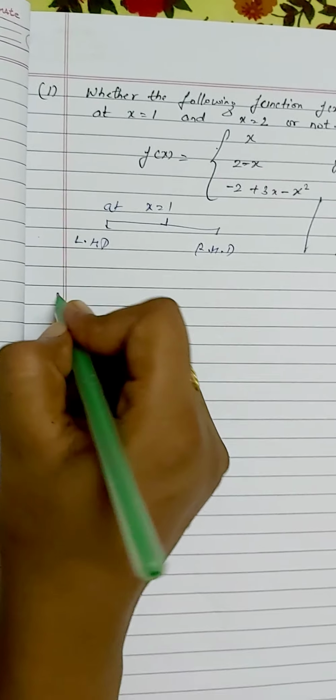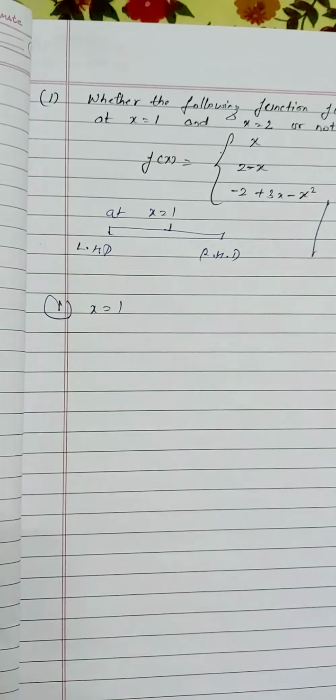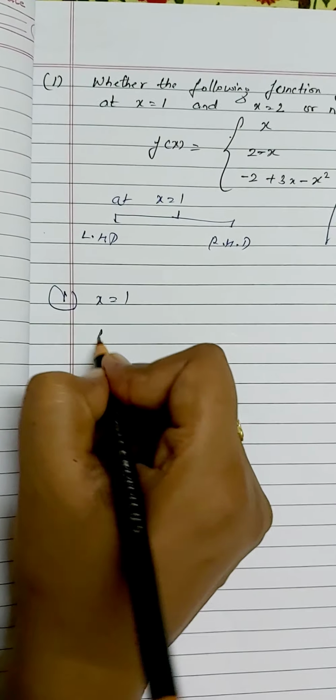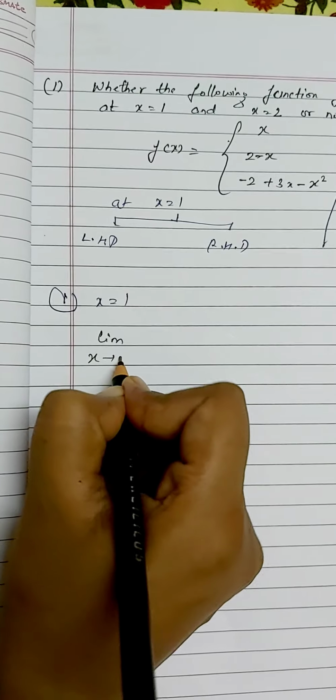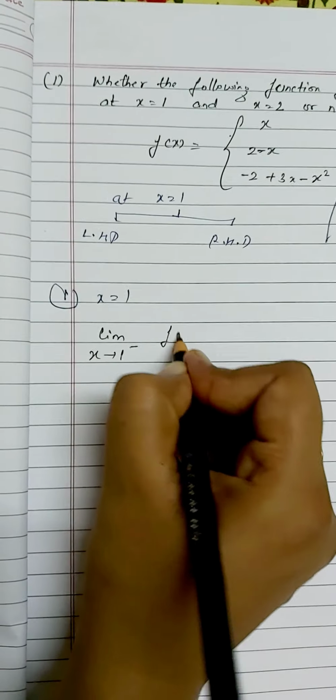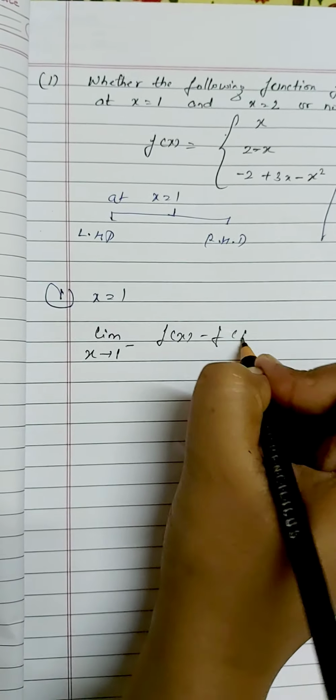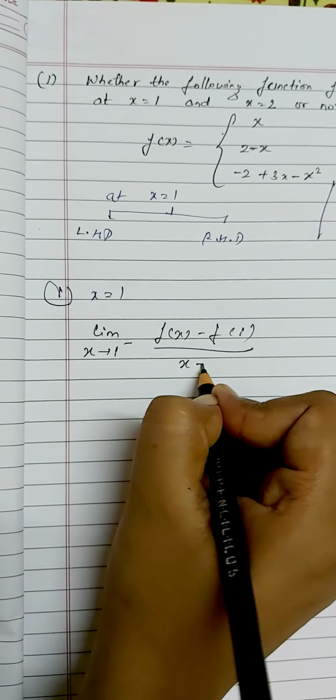Checking first for x equals 1: limit x tends to 1 minus of (f(x) minus f(1)) divided by (x minus 1).